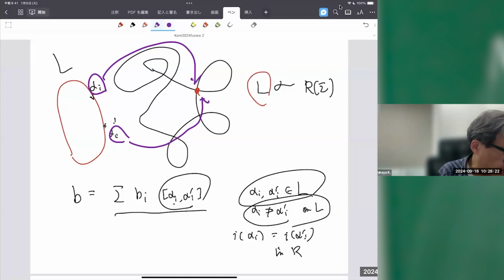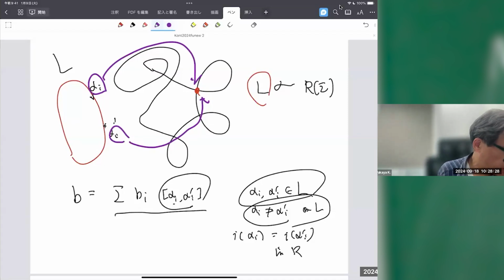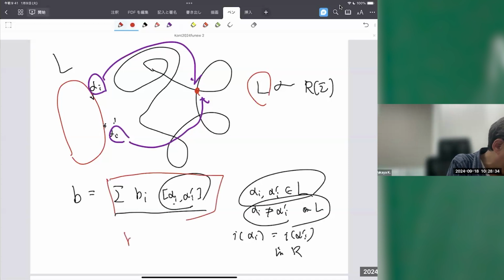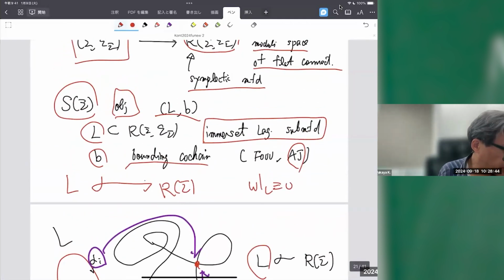And in our particular case, because of monotonicity, the bounding cochain just lies on these self-intersection points. So it is a finite sum with integer coefficients of these self-intersection points with appropriate index. So this is what B means. And B satisfies some Maurer-Cartan equation.